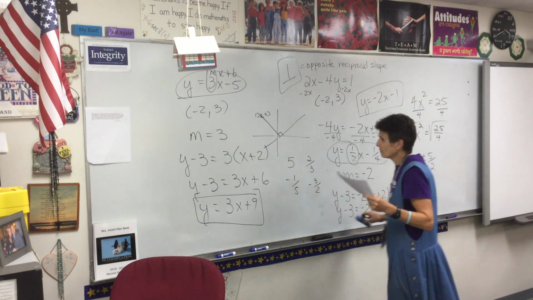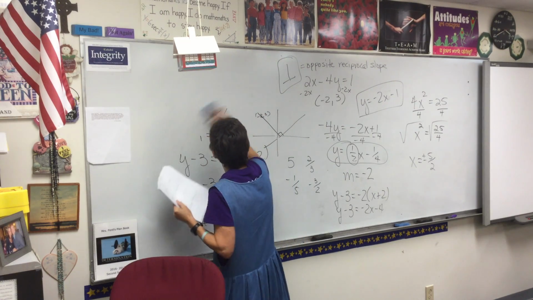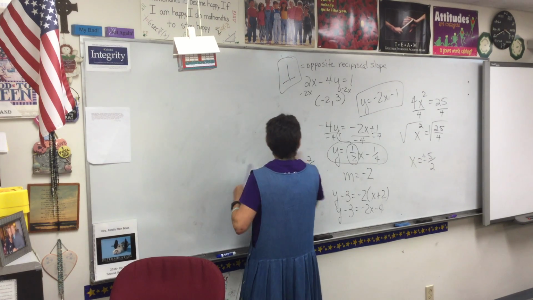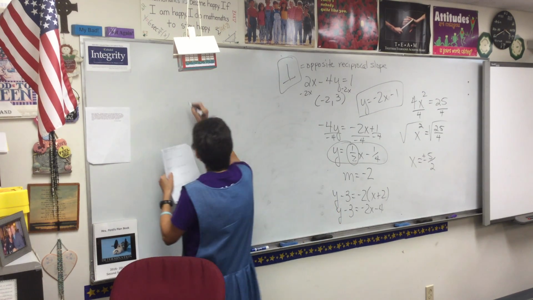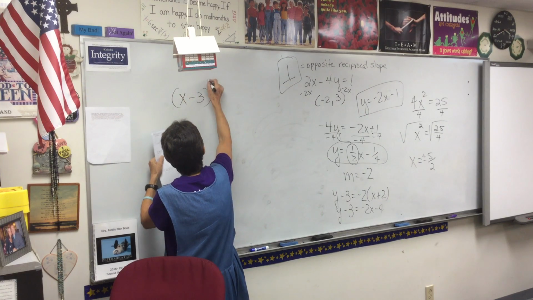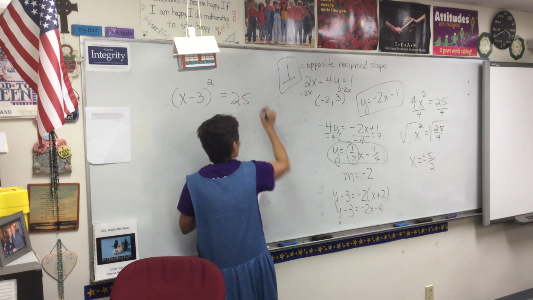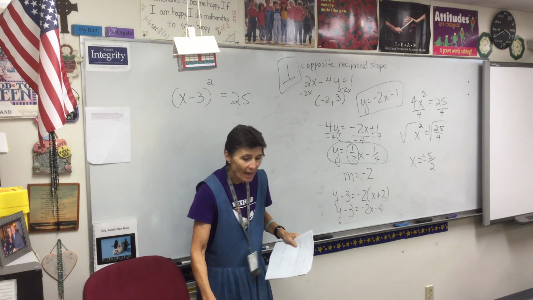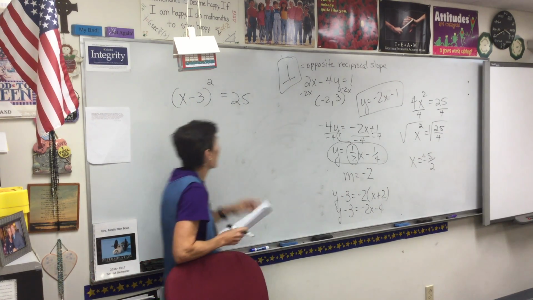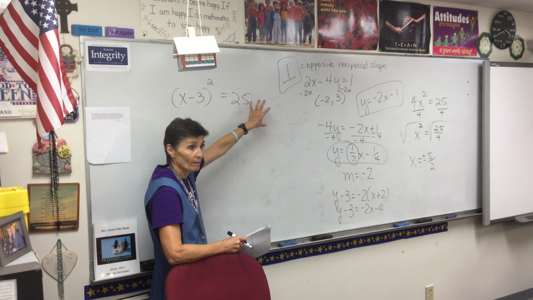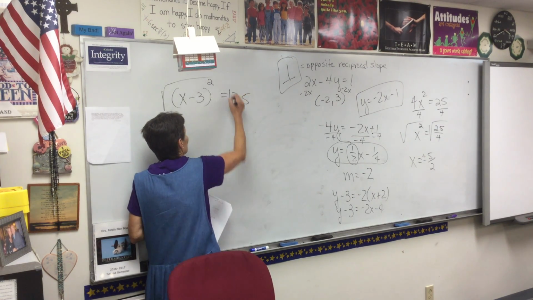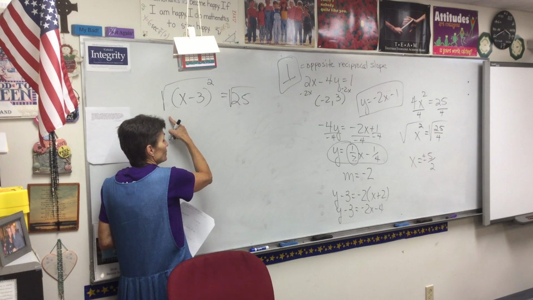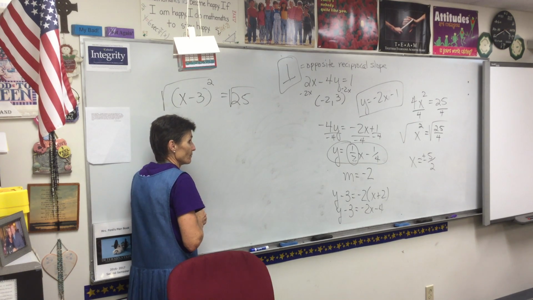It looks a little harder, but I don't think it is. How do I do the next one? Take the square root of both sides. Somebody might say, why don't we FOIL it out? No, that would make it worse. We have a square on both sides. This is a square and that's a square. So we're going to square root both sides. What's the square root of x minus 3 squared? X minus 3.